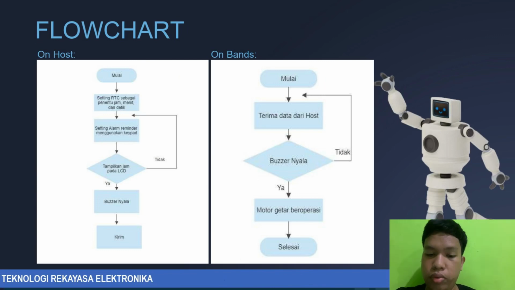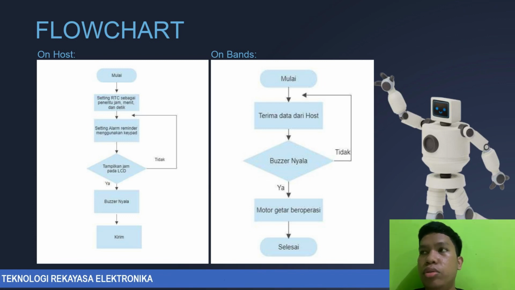First we have the flowchart for the host, which is the ESP32 in the box. First we set the alarm, and the ESP32 saves the alarm data. When the time comes, the ESP32 turns on the buzzer, and on the OLED display we can see the time, set the time, and see the notification that it is time for medicine. Now I'm going to explain the armband.